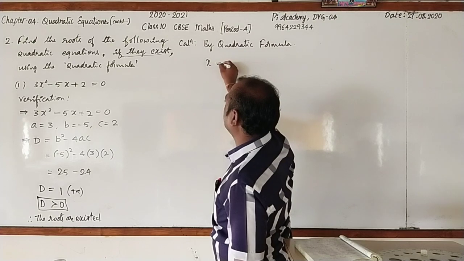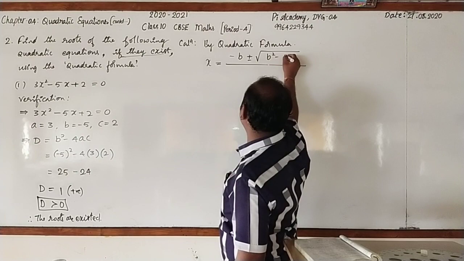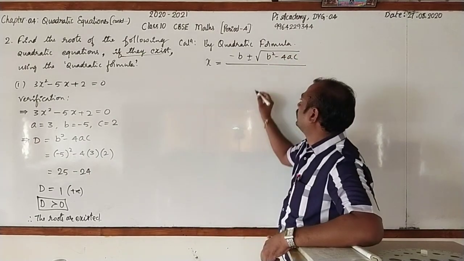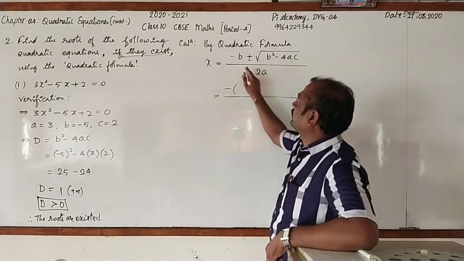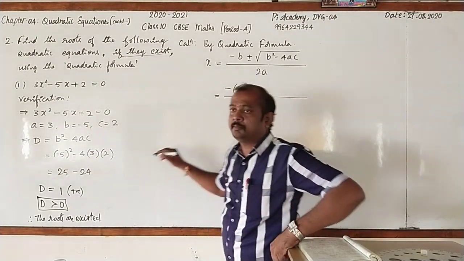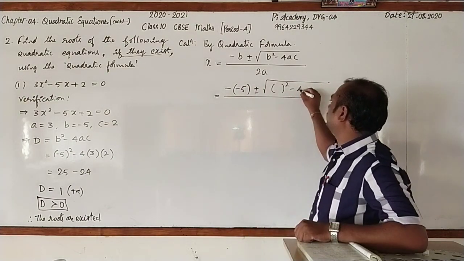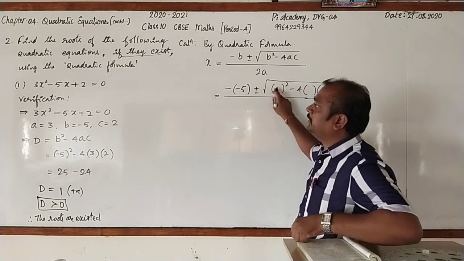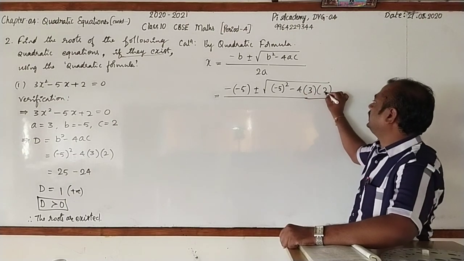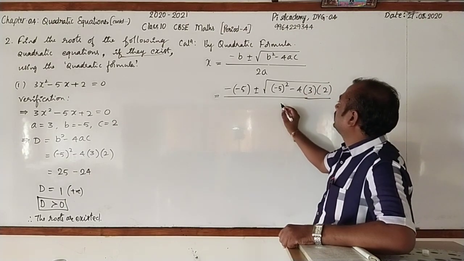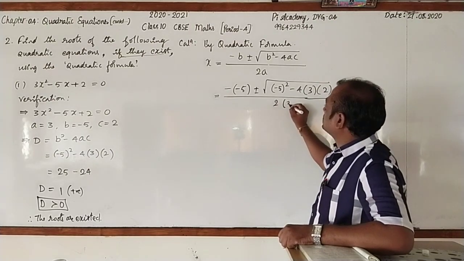It is x equal to minus b plus or minus square root of b square minus 4ac whole divided by 2a, which is equal to minus of where b is minus 5 plus or minus square root of b square minus 4ac. Again, b is minus 5, a is 3 and c is 2, whole divided by 2a. 2 into a is 3.